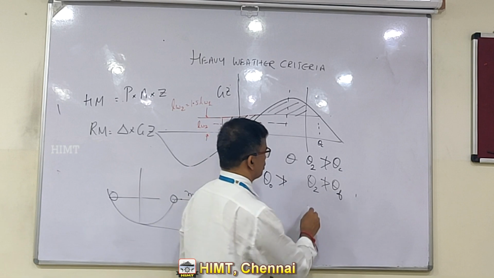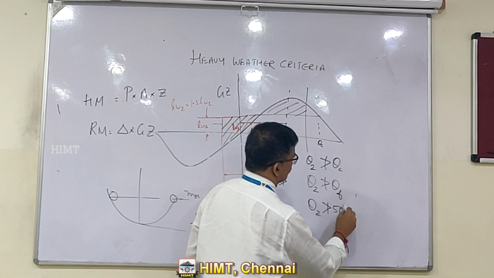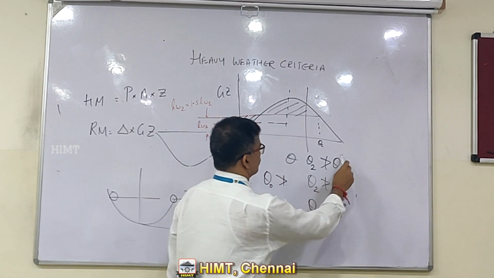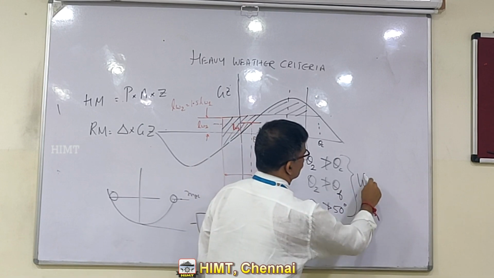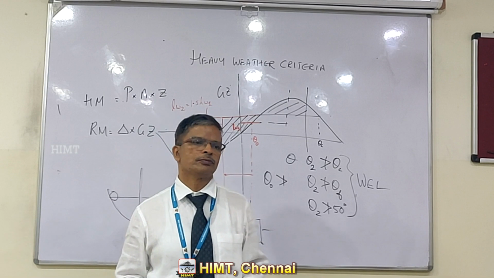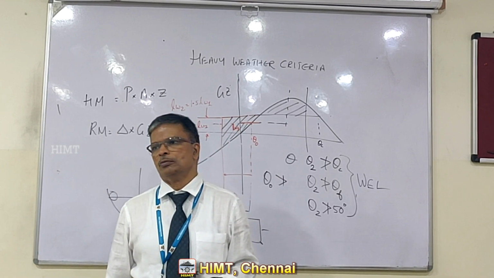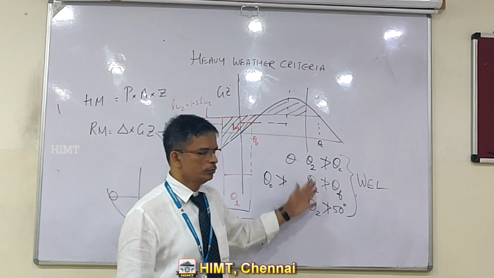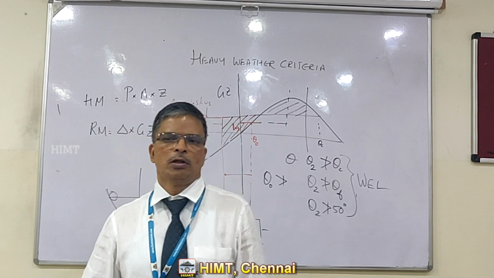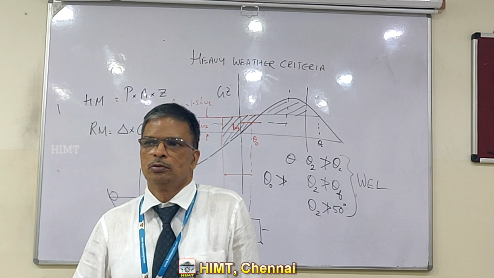Third limit is theta 2 should not exceed 50 degrees. Out of these three, whichever is the least, that must not be exceeded. So depending on the ship type, one of these will become the lowest. Imagine your ship is a car carrier.